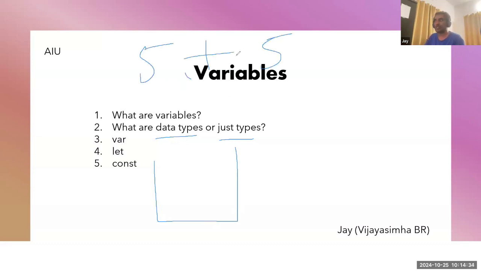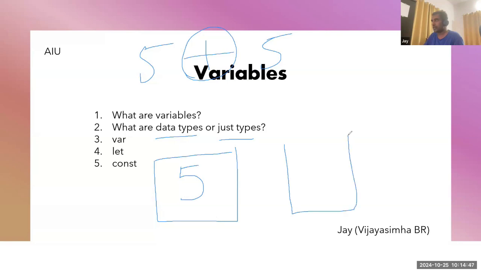Now, before I can do this add operation, I have to figure out a way to store 5 in a box. And then I have a second 5, so I'm going to get a box for that too, and I'll put 5 in it. And then I'll use what is called an operator.